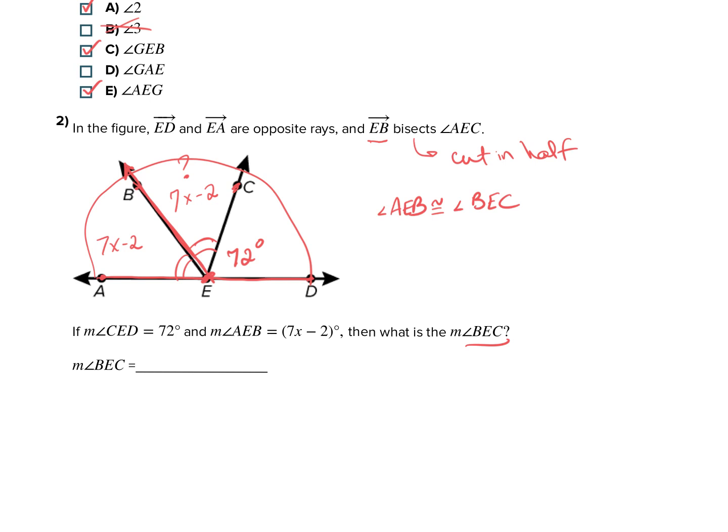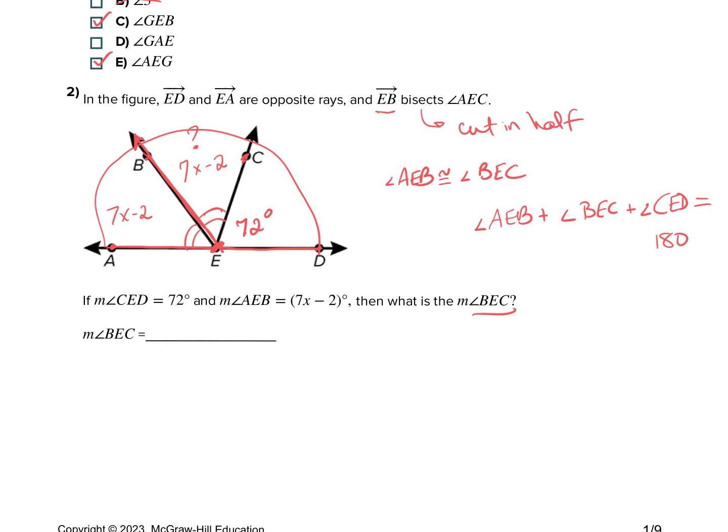So we can say that angle AEB plus angle BEC plus angle CED all equal 180 degrees.